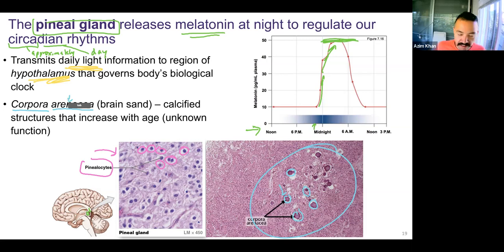Arena means sand. Corpora means bodies. So sand bodies, brain sand, corpora arenacea. When you see these crystalline structures in a plain looking background of cells, that's a hint to you that we're looking at the pineal gland. These are calcified structures. We get them more as we age. We're not sure what they do. Might figure it out at some point.